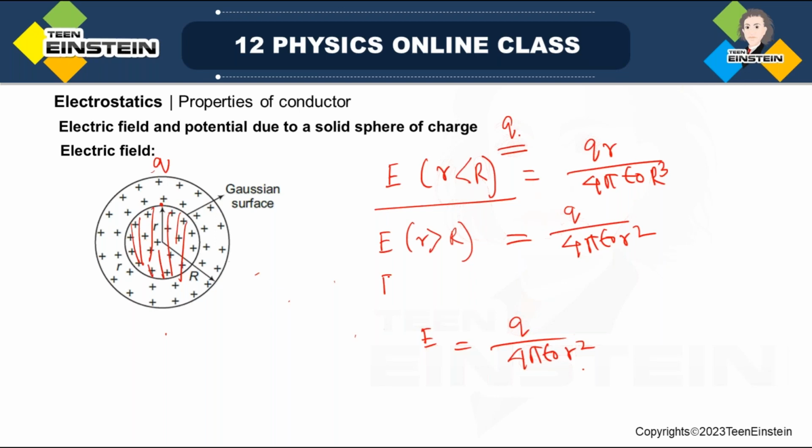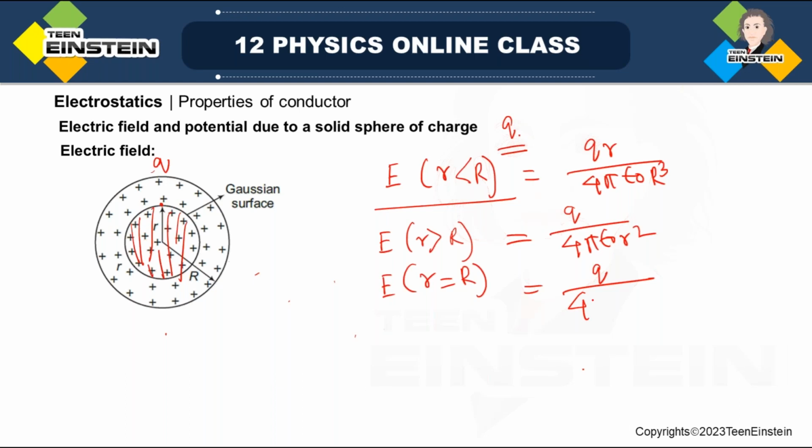But what about electric field at the surface? When small r is equal to capital R, we can use both formulas. Either we use this formula, writing capital R in place of small r, or we can use directly this, in place of small r we write capital R.